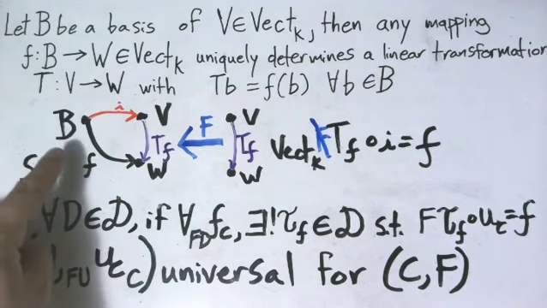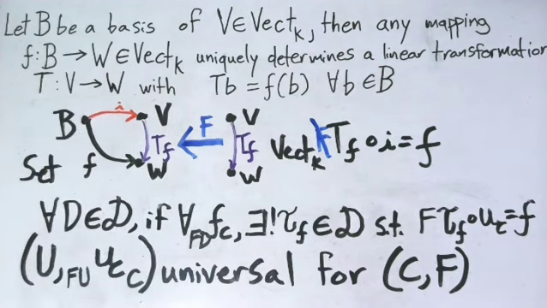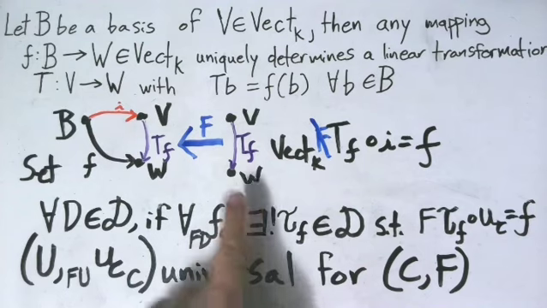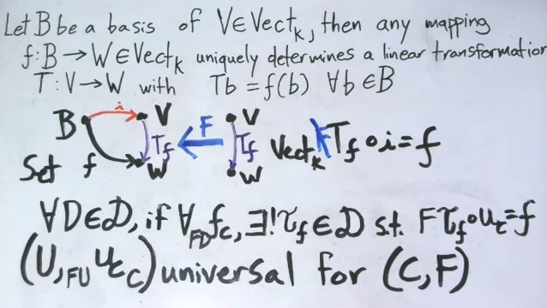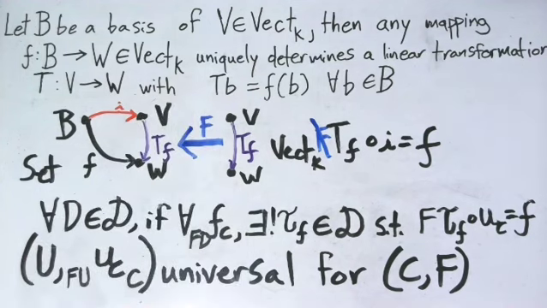We have, for any mapping f from B into W, a single linear transformation in Vect K going from V to W, which we might call T of f, such that when we map it by the forgetful functor to itself, of course, it's the only one that makes this diagram commute, where this is the inclusion map, where B maps itself, every vector to itself in the vector space V. So what we can say is that this property is actually exactly equivalent to a universality property for the forgetful functor. So let's write it out in full.